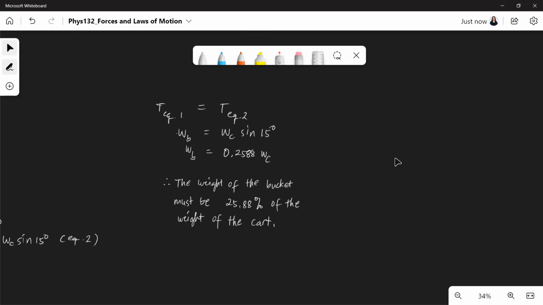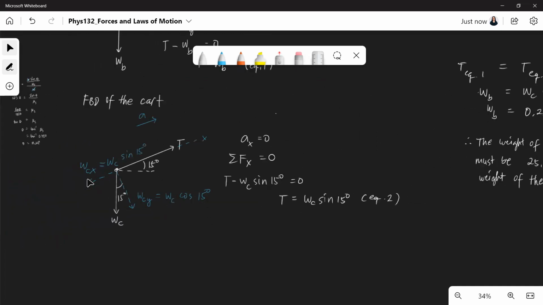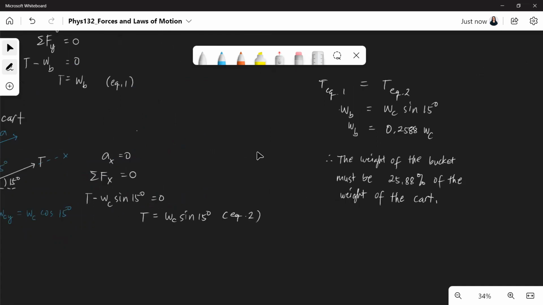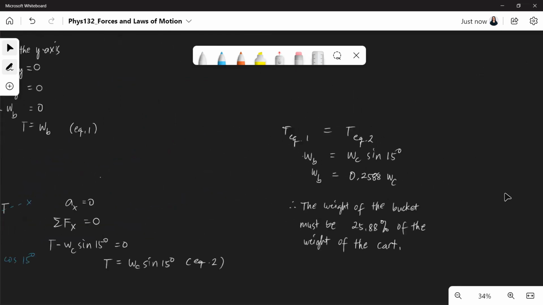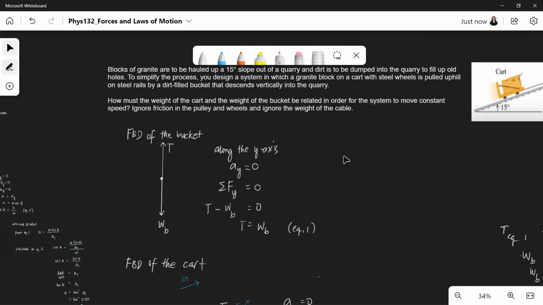If there is friction involved, then we need to consider the normal force, along the axis perpendicular to the surface of the incline. All right, so that's how you do a problem using two different free body diagrams.